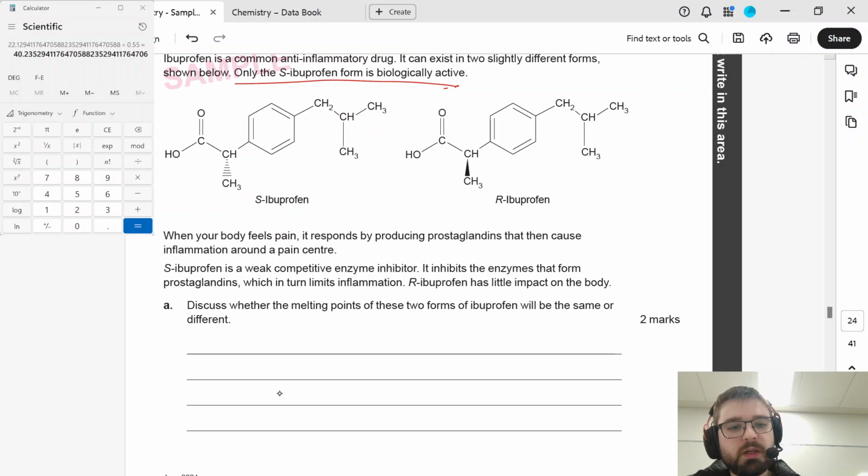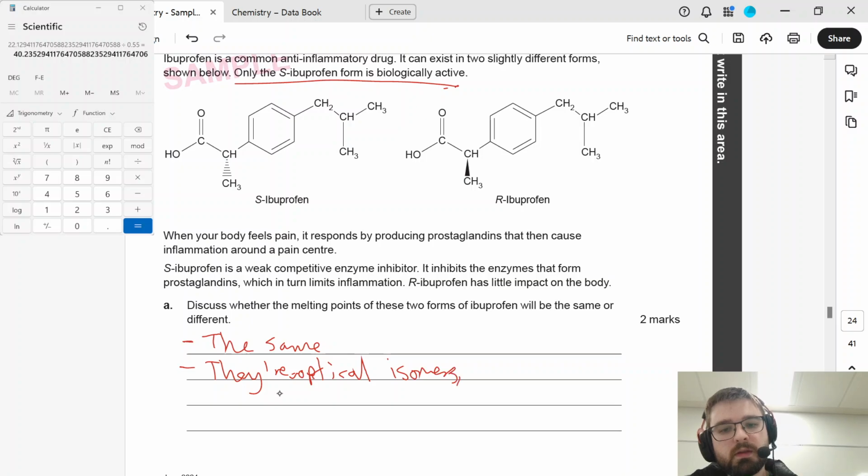So the melting points will be the same, is a mark there. I'll start with they are optical isomers, so have the same size, bonds, and polarity.